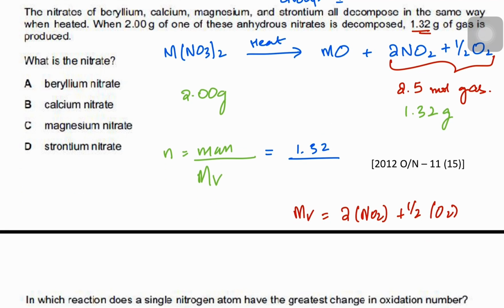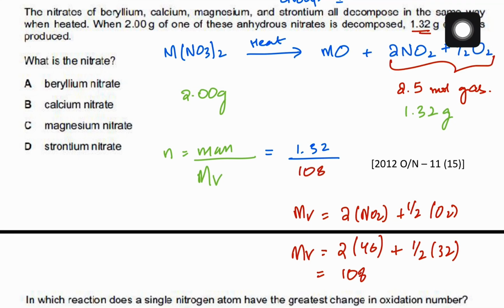So the nitrogen dioxide's molar mass is 14 plus 2 oxygen, which is 32, so that's 46. I'll double it. And oxygen's molar mass is 32, I'll half it. My MR, based on this calculation, my imaginary MR, I should say, becomes 46 times 2 plus 16 half, so that's 108. In this way, I am considering this entire thing as one entity.